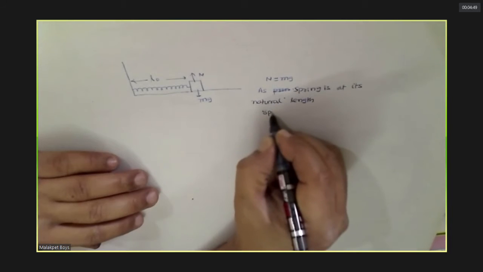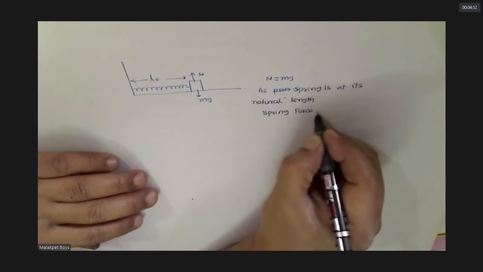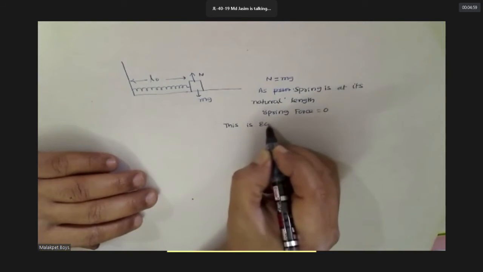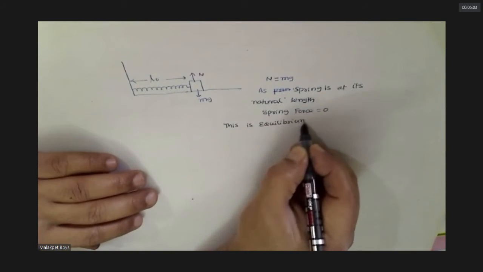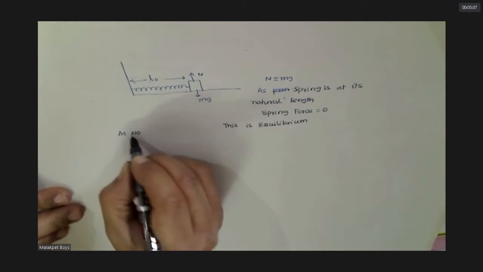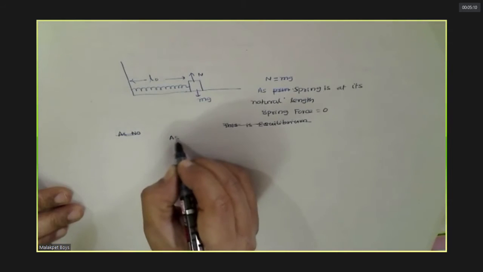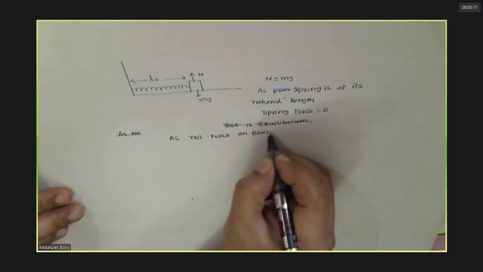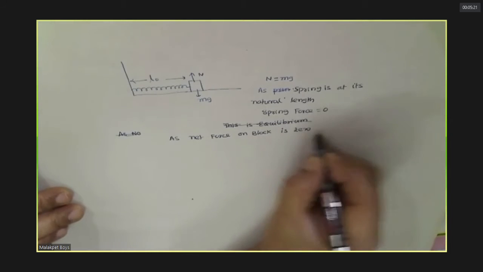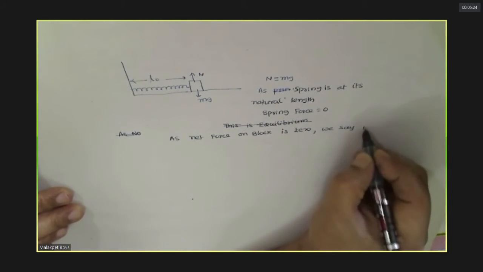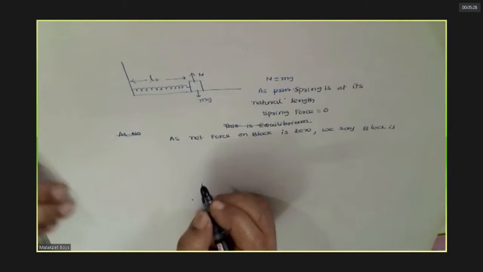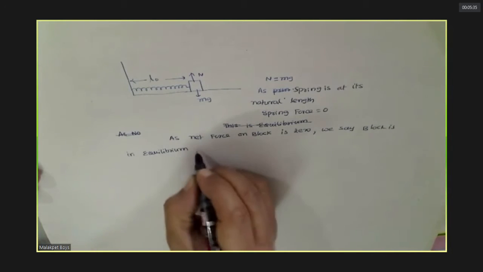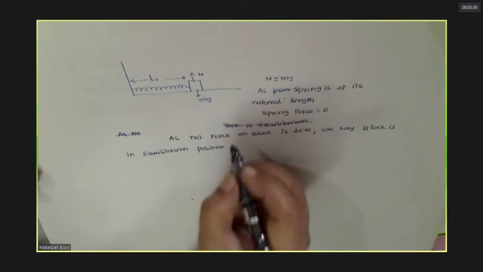So what is the spring force? 0. So this is the equilibrium position now. Understood what the equilibrium position is?